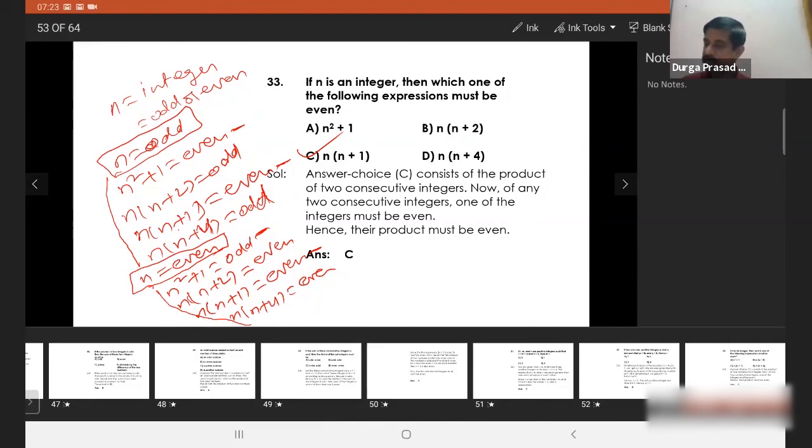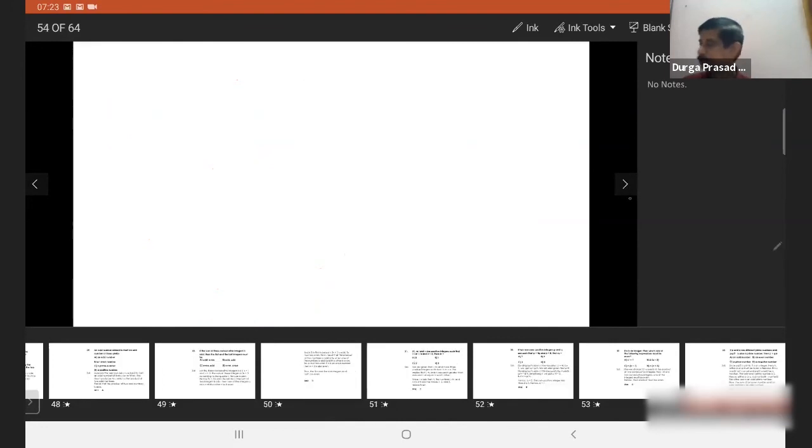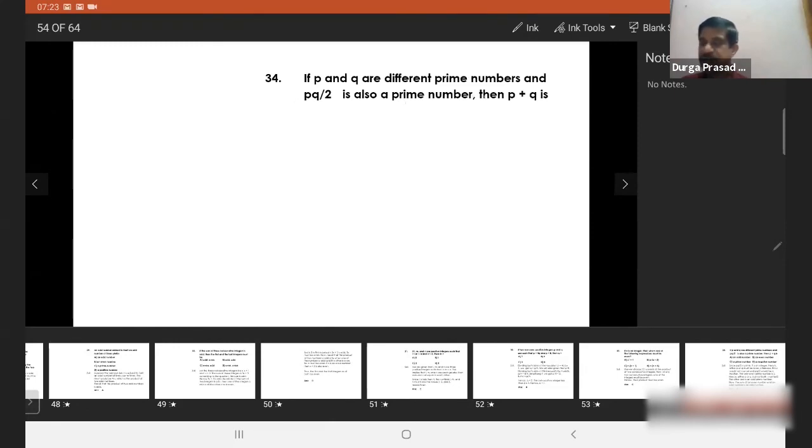Okay, let us go to the next question. P and Q are different prime numbers, and PQ by 2 is also a prime. See, PQ by 2 is also a prime, he says. Means PQ is divisible by 2.